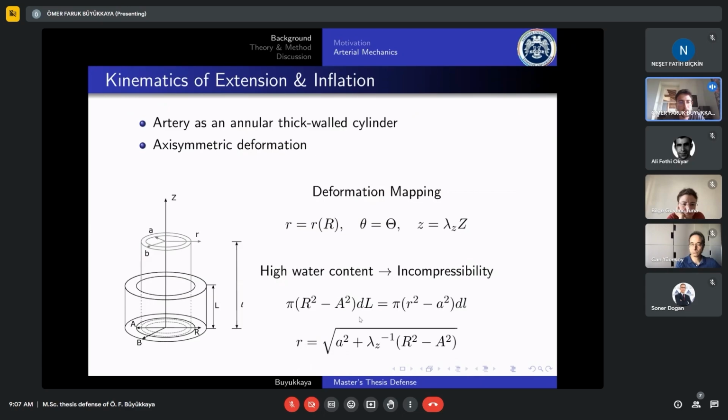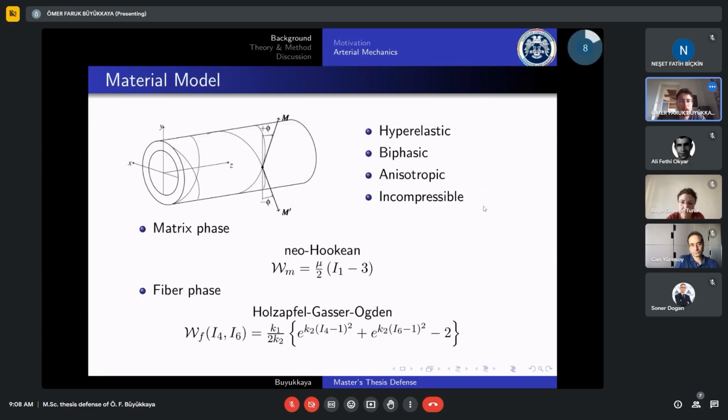If we equate the initial and final volumes, the reference and final volumes of the cylinder, we can solve for the deformed radius R, which includes the only unknown, the inner radius, lowercase a. By the way, the geometry of the reference configuration is depicted with capital letters, and the deformed configuration with lowercase letters. This convention is used throughout the formulation.